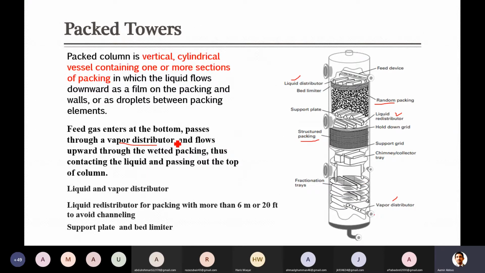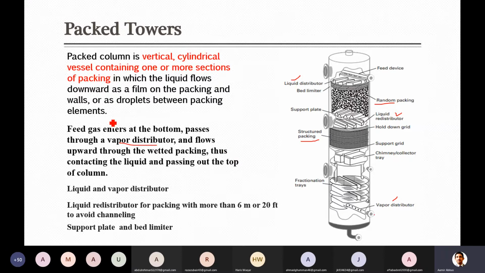Generally, if I summarize, packed towers are simple vertical towers in which there is packing, and that packing can be of different types, random packing or structured packing. In order to support the packing and avoid unnecessary movement, we install a support plate or support grid as well as a bed limiter, and there is a need for a liquid distributor as well as a vapor distributor for the uniform distribution of liquid and vapor through the column.